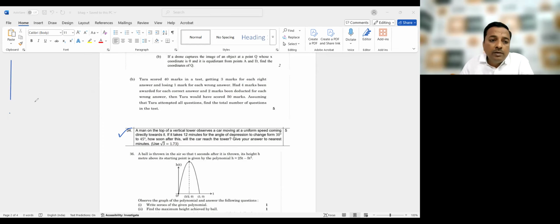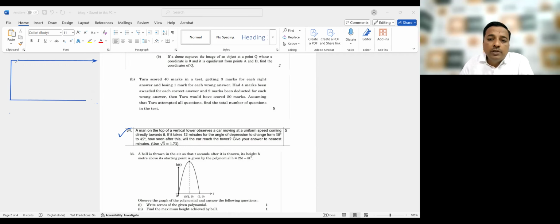Okay, so this one is the supposed observation tower, and the car is moving toward it. The car is coming toward it. And for the angle of depression, we have to draw a parallel line, as we discussed earlier.